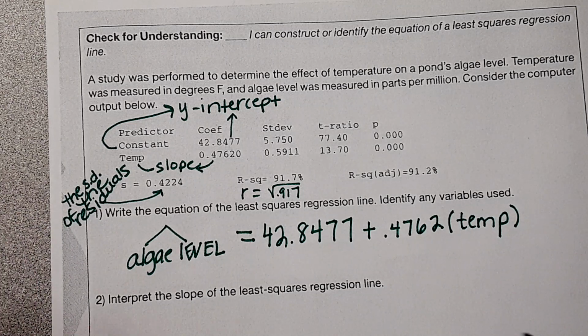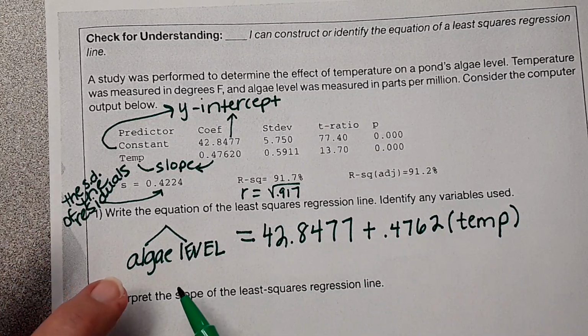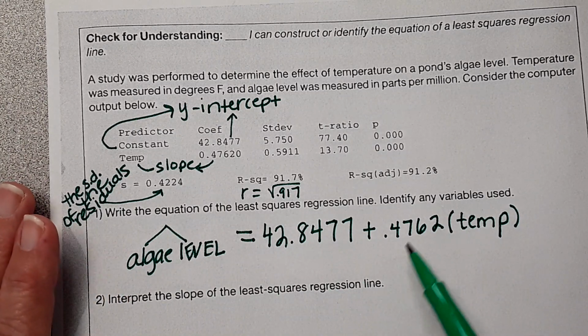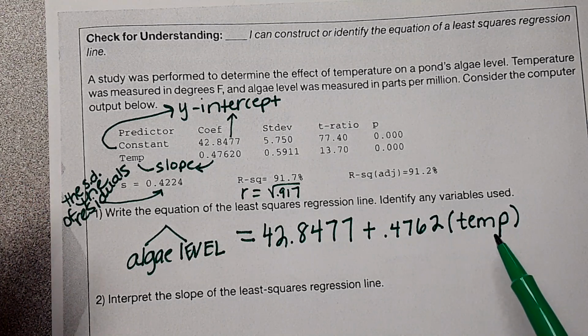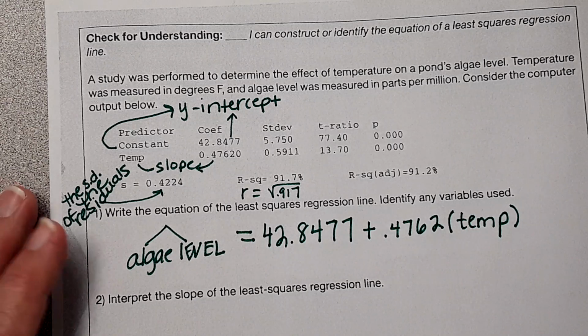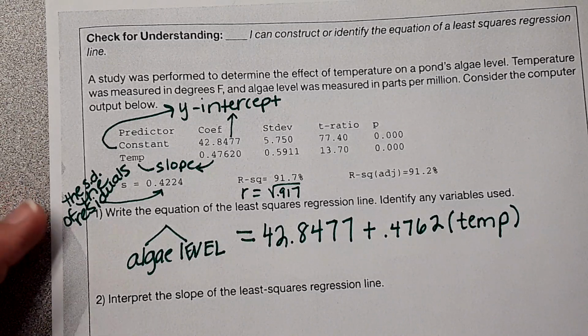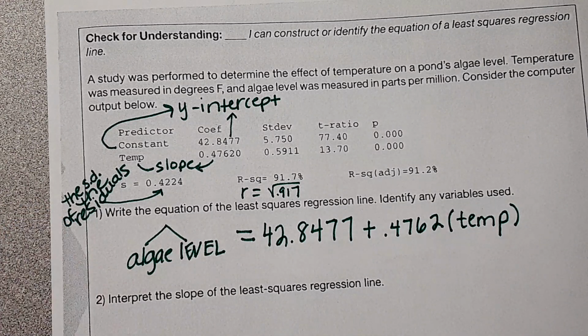I'm pretty sure that you guys understand, interpret the slope now. As algae level increases by 0.4762, the temperature increases by 1 degree Fahrenheit. Okay? Now, identify, interpret the correlation coefficient.